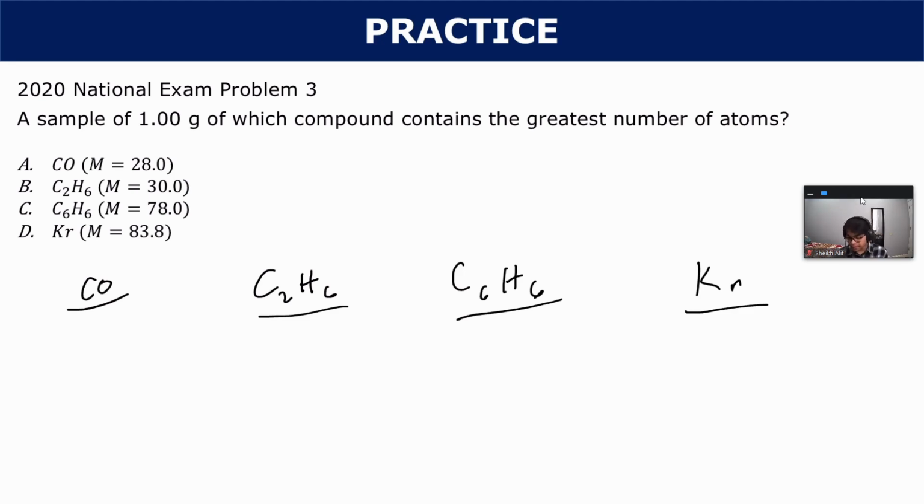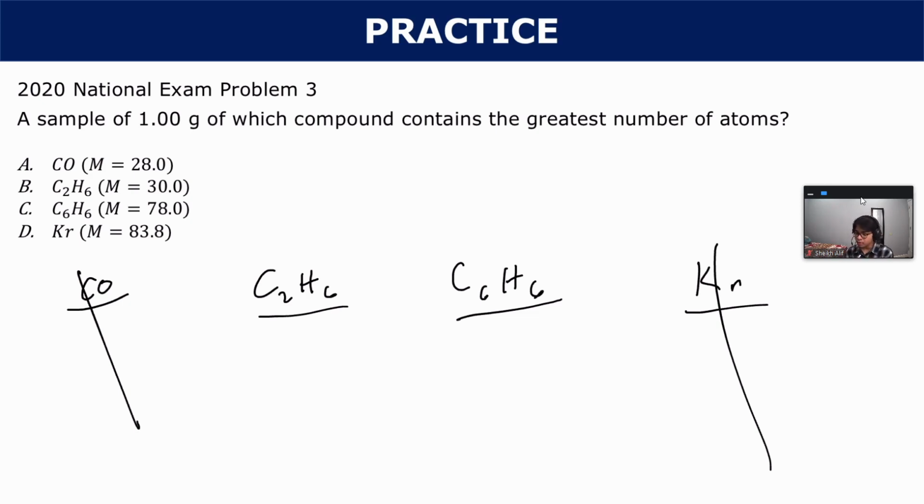To save us some time, we can realistically cancel out the CO and the Kr because we know that the number of atoms is going to be based on how many atoms are in its chemical formula and how many moles of that molecule we have. And CO just doesn't have a lot of atoms within the molecule. If we look at B and C, they have a lot. They have 8 and 12 compared to just 2 in CO, carbon monoxide.